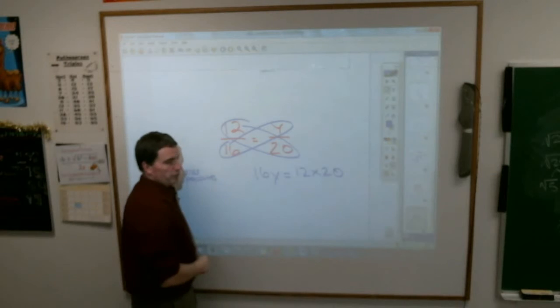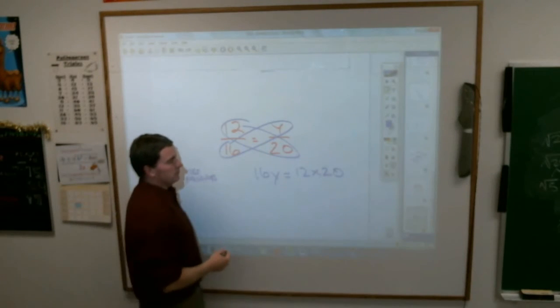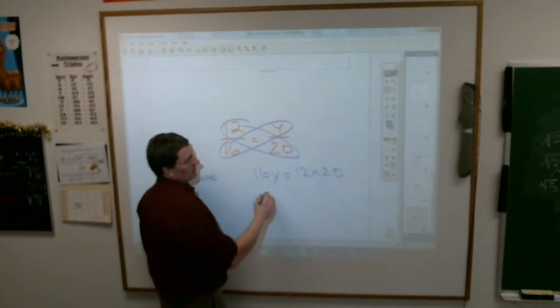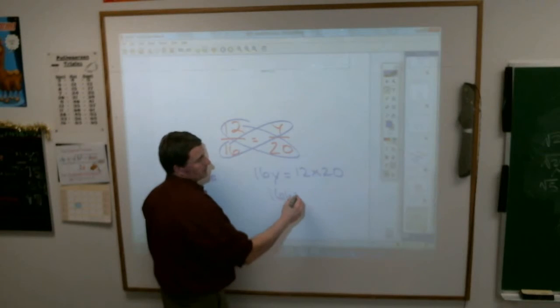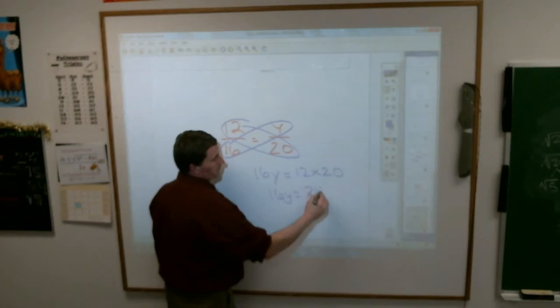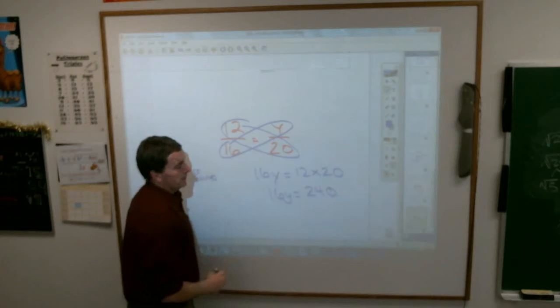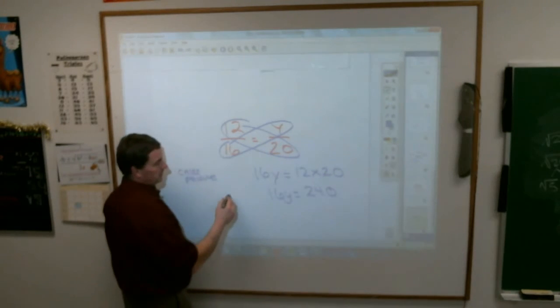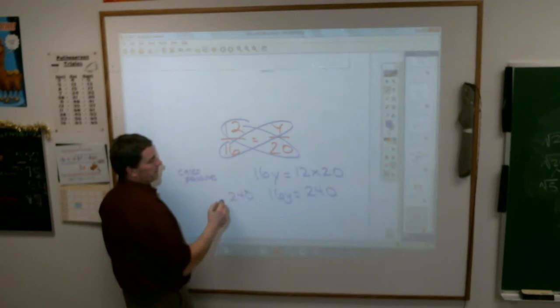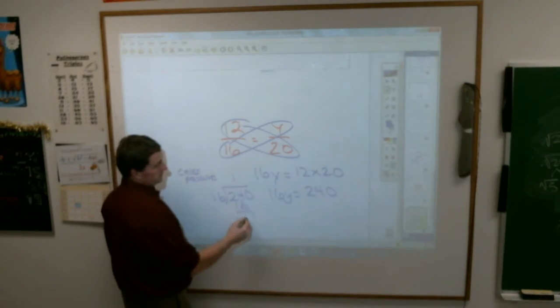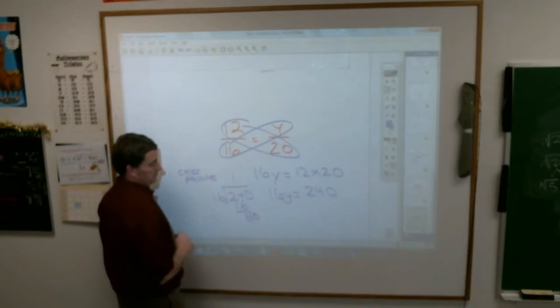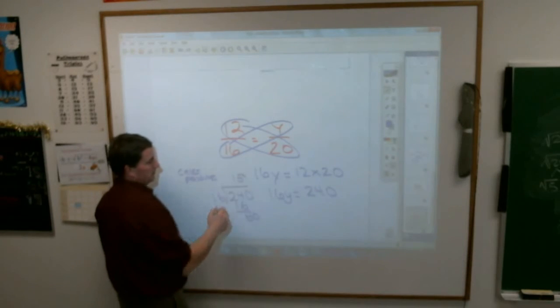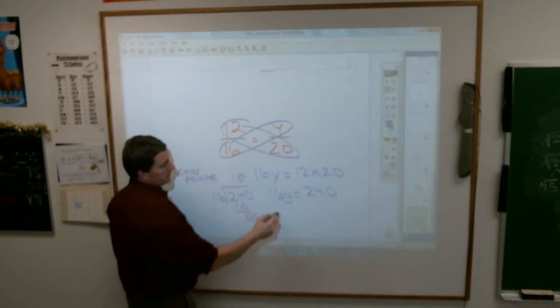It might take a little bit more math than you're used to, but hey, you are almost at the end of your 6th grade year. What is 12 times 20? 240. And then to find my answer, it's always going to be divide by 16, or whatever is in front of that y. 16 goes into 240 times.